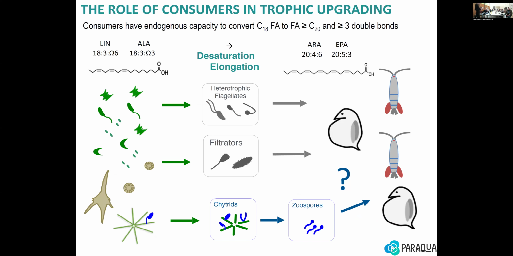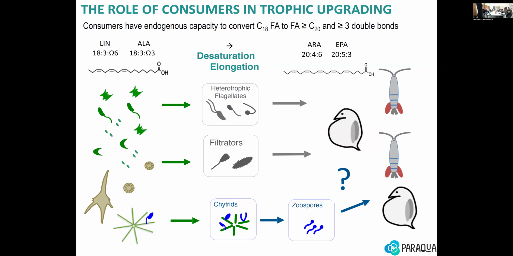And the information that I want to add here also is that there is a process quite known in food web ecology, which is called trophic upgrading. The higher consumers, humans as well, cannot produce what we call the bricks, the short chain fatty acids.